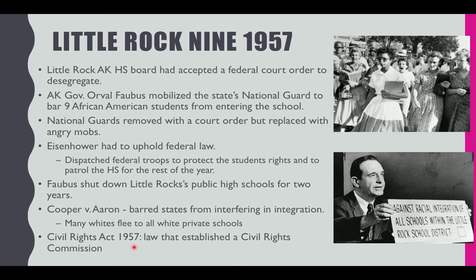And the point of this commission is to make sure that things like what happened in Arkansas aren't happening, that the rules that the federal government is putting into place are being followed, and that hopefully there's a transition. It won't be seamless, but there will be a transition from segregation to desegregation.